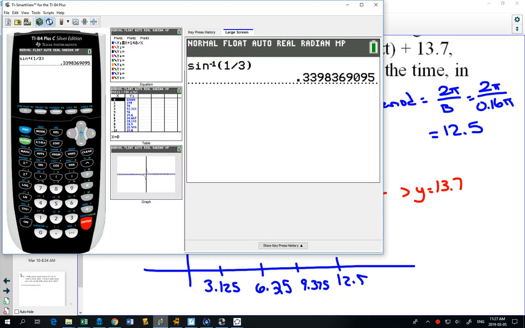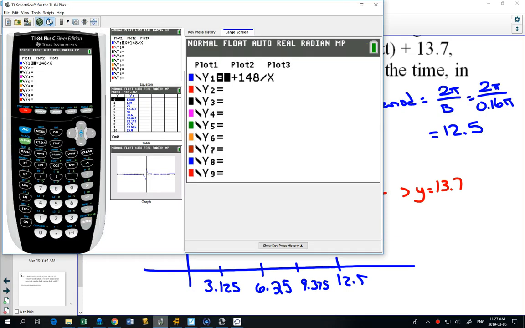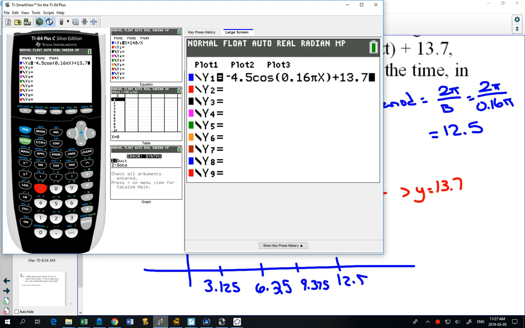So take out your calculator, go to y equals, and type in negative 4.5 cos, bracket, 0.16 pi times x, bracket, plus 13.7. Make sure your calculator is in radians because we're using radians within the question.